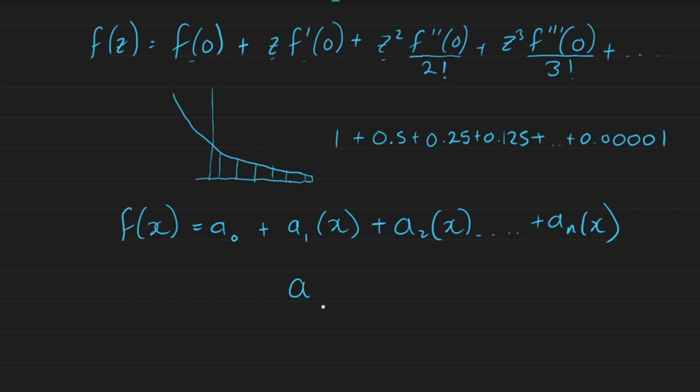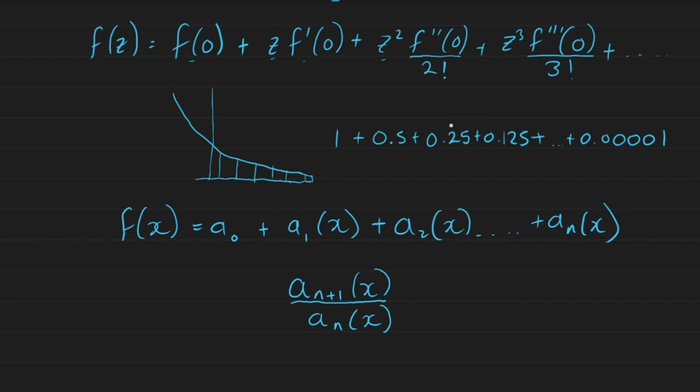So if we're considering the next term, we are saying an plus 1 as a function of x, and we divide that by the term before that, which is an. And if this next term, an plus 1, is actually smaller than the previous term, then this ratio should be less than 1. We should actually have a fraction.